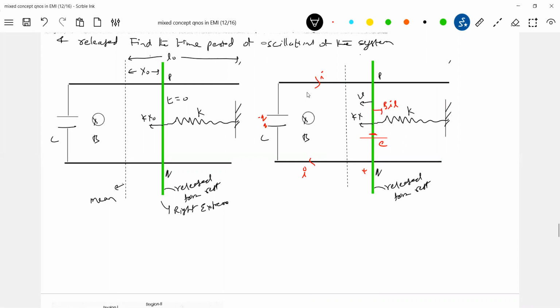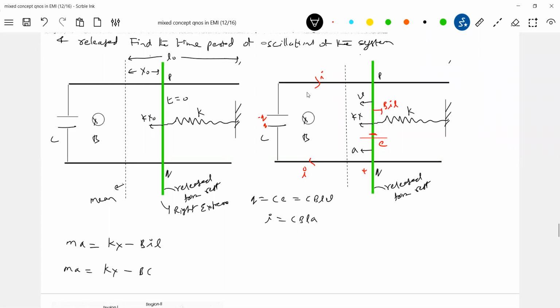What are the equations of motion? Kx, the acceleration will be towards the right. So ma equal to kx minus BIL, no? And we know if a capacitor is there, Q equal to CE, equal to CBLv, so I is equal to CBLa.